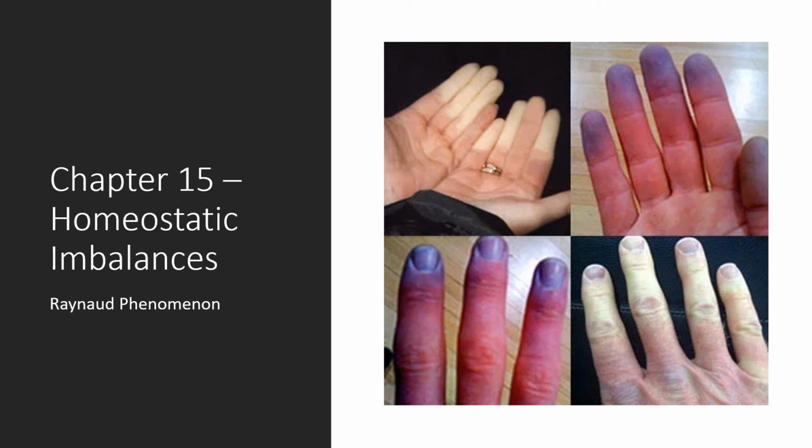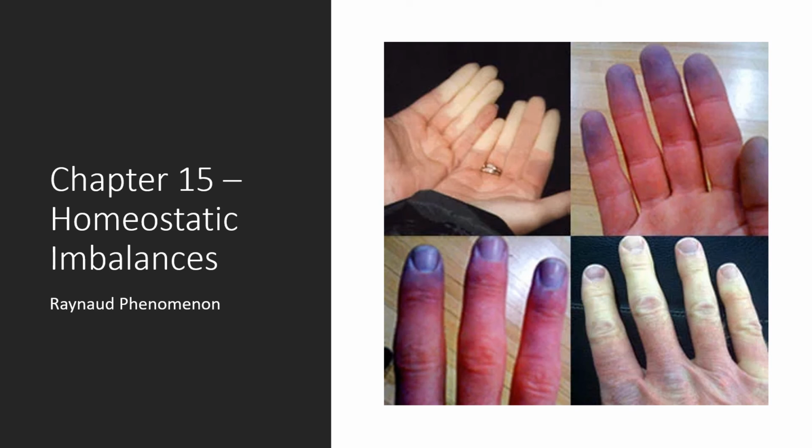This is usually after exposure to cold, and even emotional stress or distress can cause this as well. This occurs because of sympathetic stimulation that causes vasoconstriction in the digits. And when we have vasoconstriction, we decrease blood flow significantly to the digits. Because of this, they actually change color.